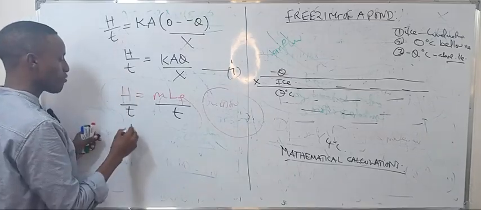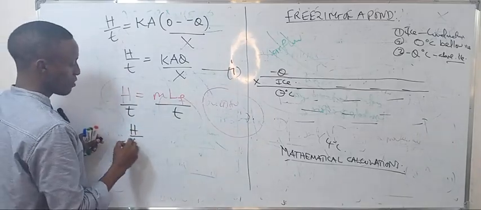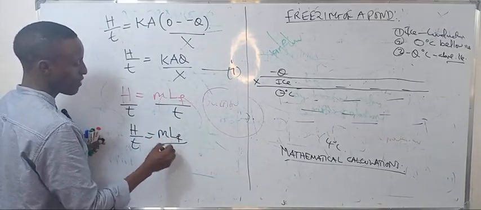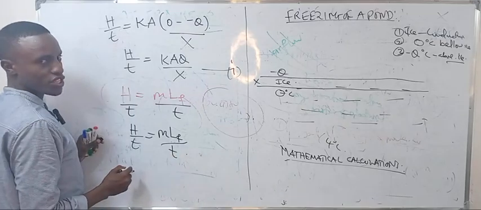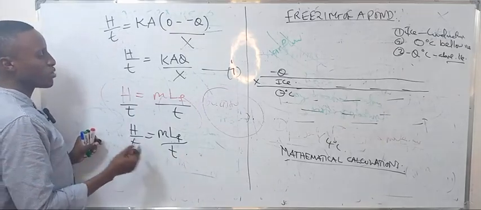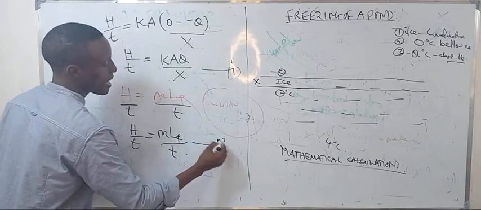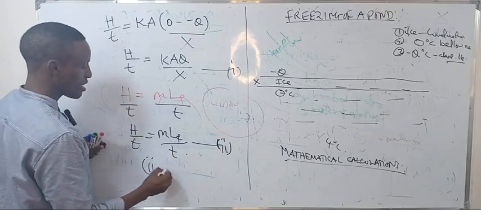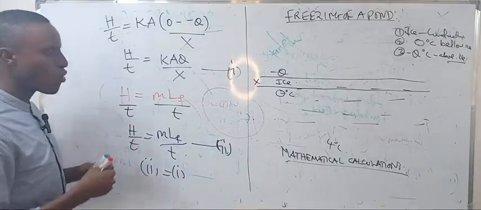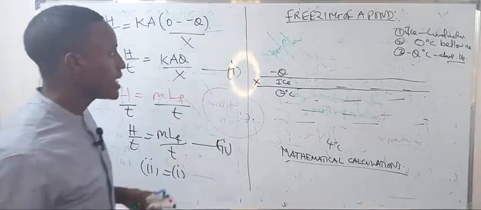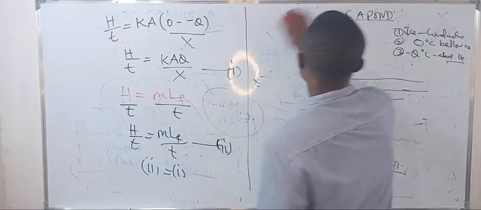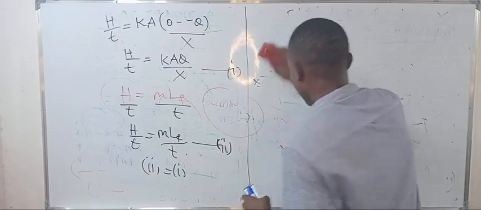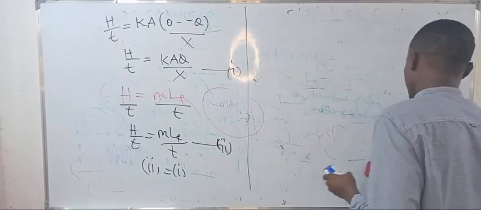So the rate of flow of heat using this formula is equal to the mass times latent heat of fusion over time. You see now? This is equation 2, the same as equation 1, so we can now make the comparison. Let's make the comparison here, Chief.